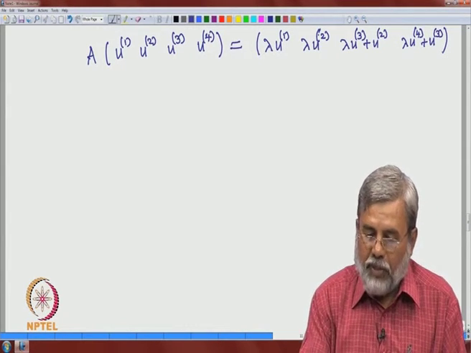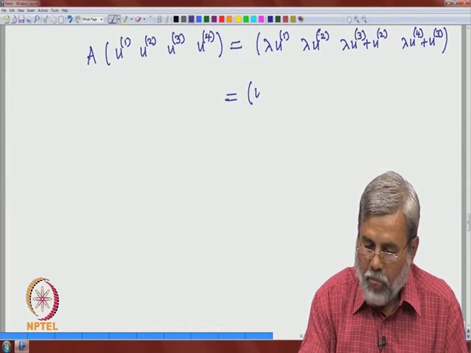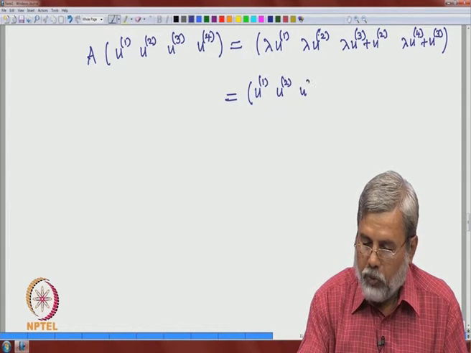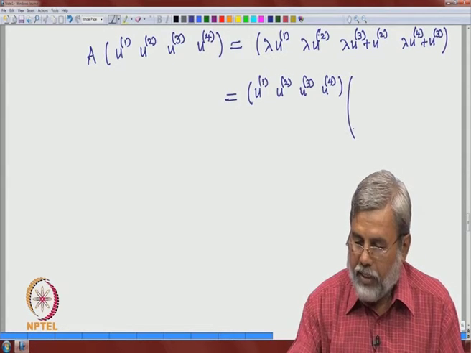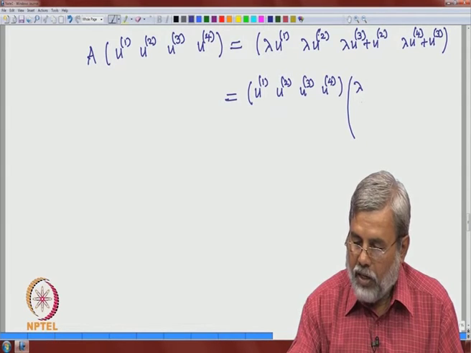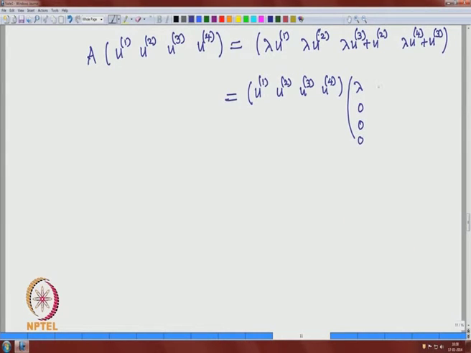Okay. So, let me write this in the same form: u1, u2, u3, u4, and now I write this matrix: lambda 0 0 0, 0 lambda 0 0, 0 1 lambda 0, 0 0 1 lambda. So, it is very easy to check. Okay, that is what we get by just writing this thing.